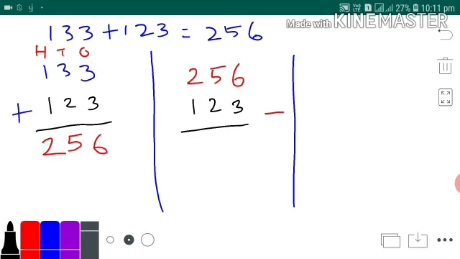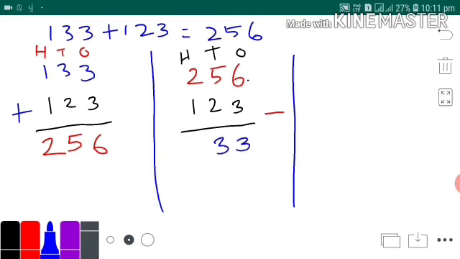Start from the ones place. Ones, tens, hundreds. 6 minus 3. What is 6 minus 3? Raise up 6 fingers, fold 3. So your answer is 3. And what is 5 minus 2? It's again 3. 2 minus 1? 1. So are you getting the other addend?